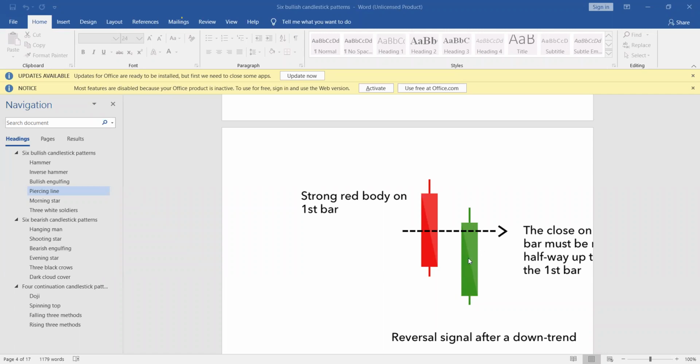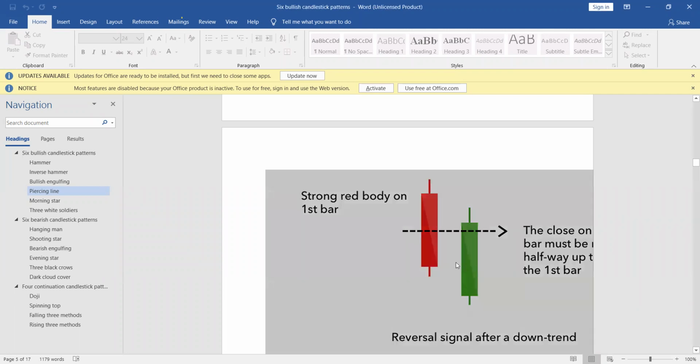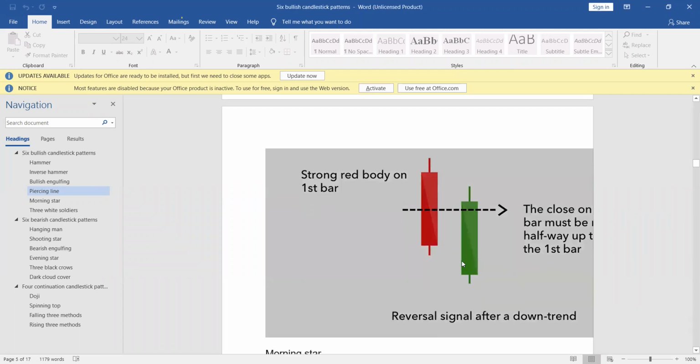You didn't have this bullish structure. You didn't have this green candle, or this white candle, if it's on a black and white chart. But the market did not open right here. It came and opened below. It opened even lower than the low of this candle.